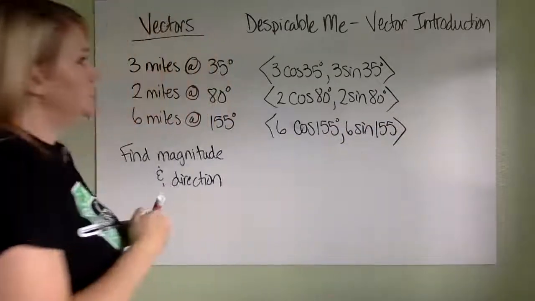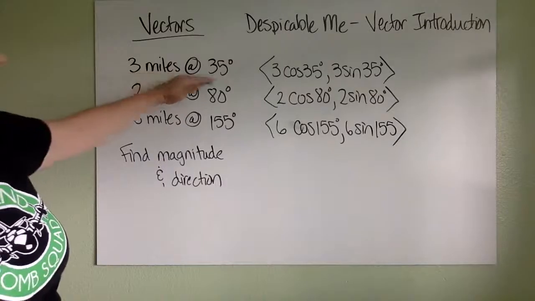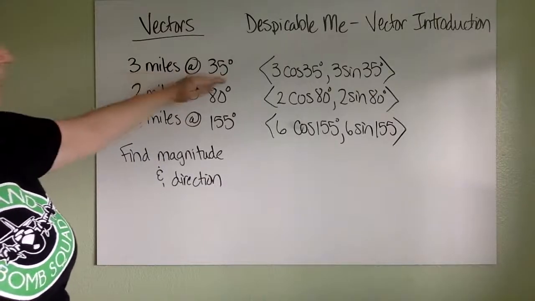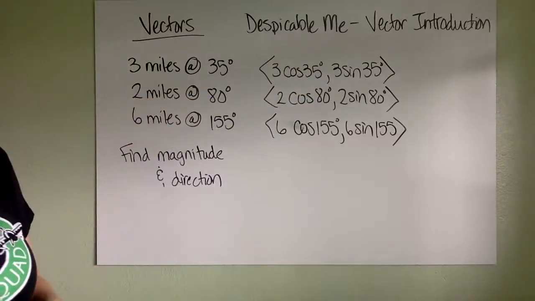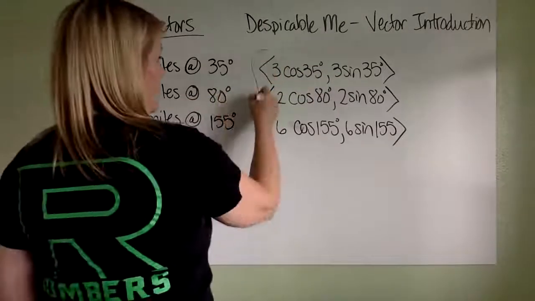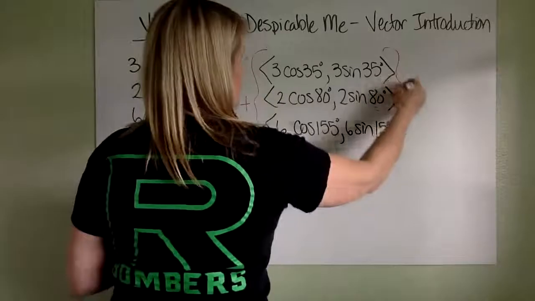Now, all I've done is taken each direction that Angela walked, her distance and her direction angle, and put it in component form for each of the three segments. Then you're going to add the three vectors together.